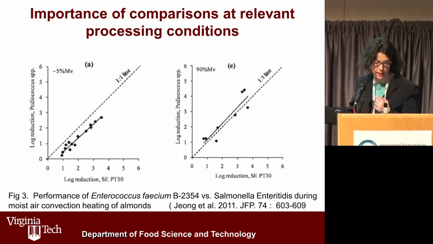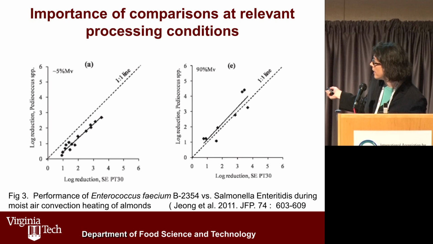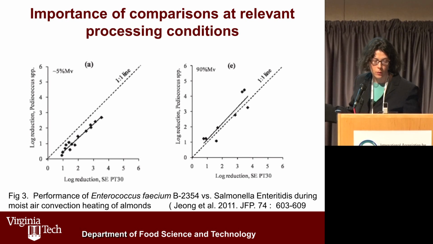Also, we need to consider the tolerance of the pathogen and the inoculation strategy for those as well. This is data that's coming out of my lab for my project that is funded by ILSI North America, where we're looking at the stability of different surrogates on black peppercorns, and we compared 3 different inoculation preparation methods.